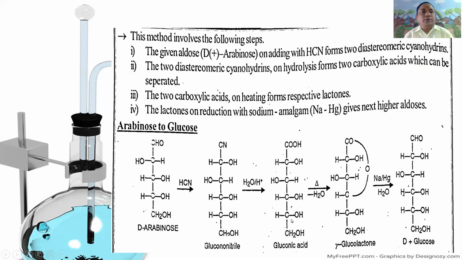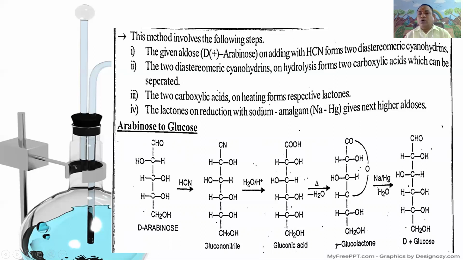This gluconic acid, upon heating, undergoes dehydration to give the more stable gamma lactone, that is CO, CHOH, CHOH, CH, then this gamma carbon, or the fourth carbon, is linked to the first carbonyl carbon with the oxygen atom. Then CHOH, CH2OH, it is called gamma lactone.